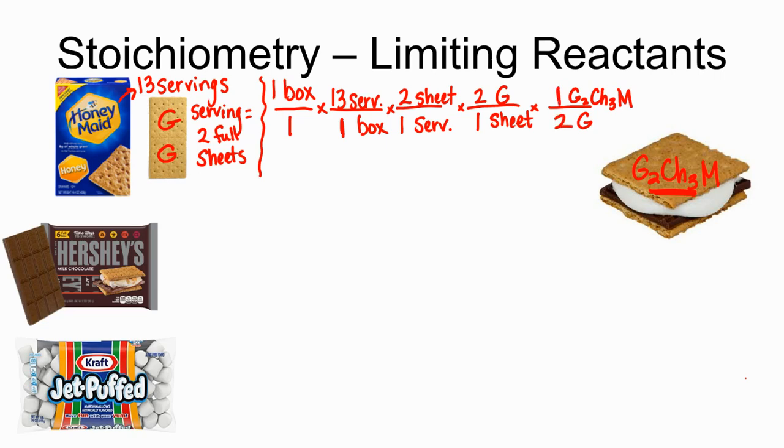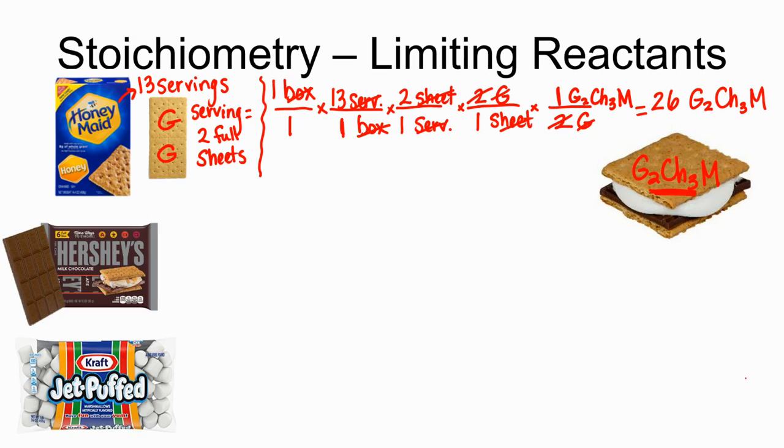I need 2 of the graham cracker squares to make every 1 s'more. So I've gotten rid of the servings, sheets, and G to get to my s'more, or how many of the product I can make. These 2's cancel, so we are left with 13 times 2, which is 26 s'mores that can be made from the graham crackers.